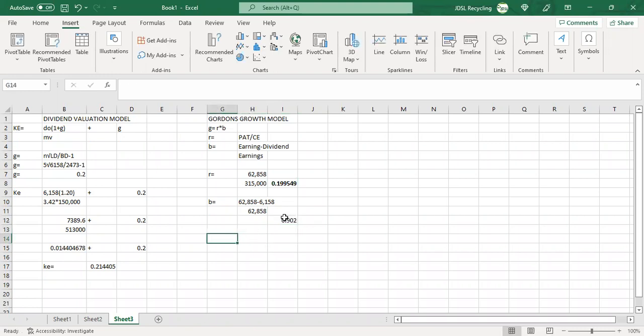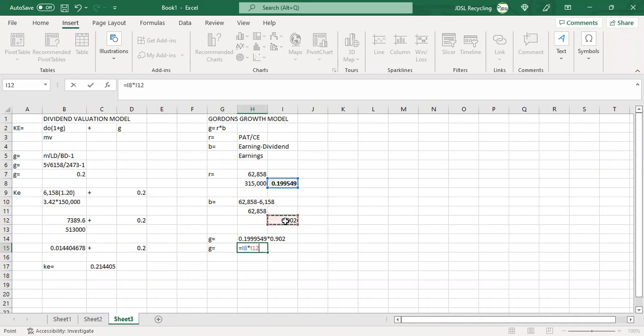So we've gotten our R, we've gotten our B. So growth will now be equals to what? R times B. R is what? 0.1999549 multiplied by 0.902. Growth will now be equals to this figure here multiplied by this other figure.